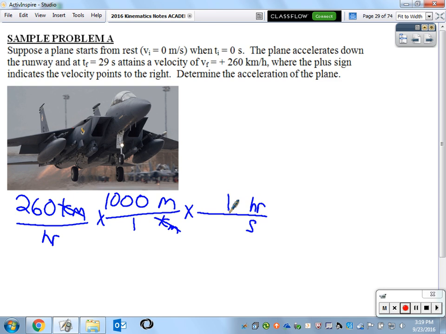So it would be 3,600. So what do we do to convert? We take our value, which in this case is 260, multiply by 1,000, divide by 3,600. Everyone is doing this calculation right now. When you think you have a quality answer, let me know.